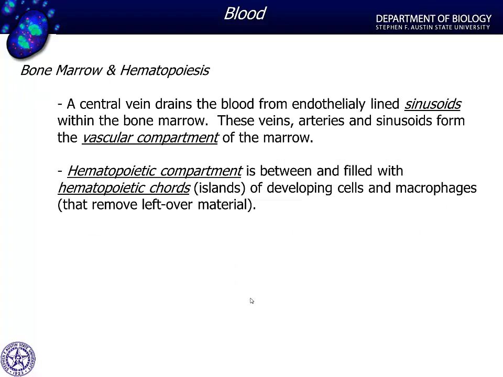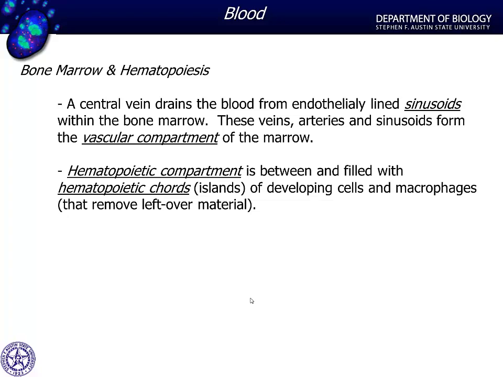Now, as blood vessels enter and leave the marrow compartment, we refer to this as the vascular compartment because we have veins, arteries, and sinusoids. This is the vascular compartment, and vessels will drain these new cells that are moving into the circulation from the vascular compartment of the marrow. So between the trabeculae of the bone and this really spongy bone area, we're going to have hematopoietic compartments.